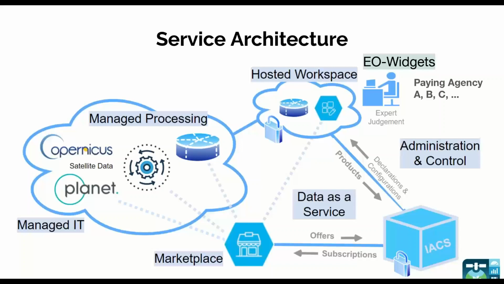And the hosted workspace up in the middle is a kind of proxy to the backend, where all the powerful processing takes place. In the backend, the heavy number crunching of satellite data on input takes place, and I intentionally show here both Copernicus and Planet as the EO data providers, as both are integrated into one provider managed processing workflow.